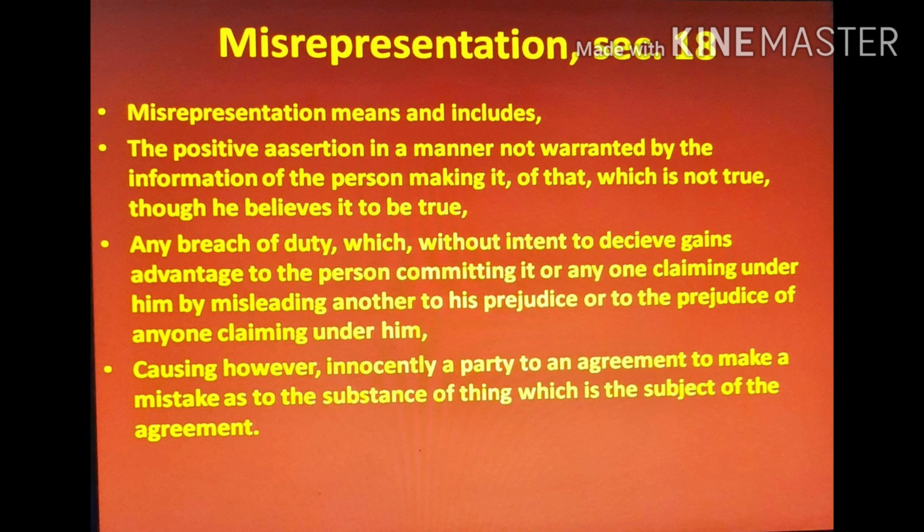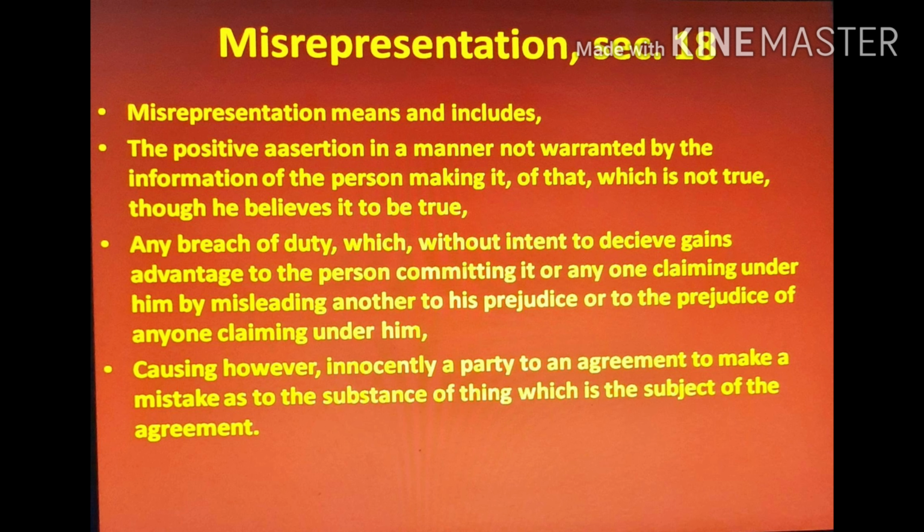But that breach of duty you are doing innocently. You don't have any intention to cheat the other party. But such innocent breach of duty is giving advantage to you or to anyone claiming under you. That means it may be you, your agent or your legal heirs who are benefited by the innocent breach of the duty which you are supposed to discharge through the contract.